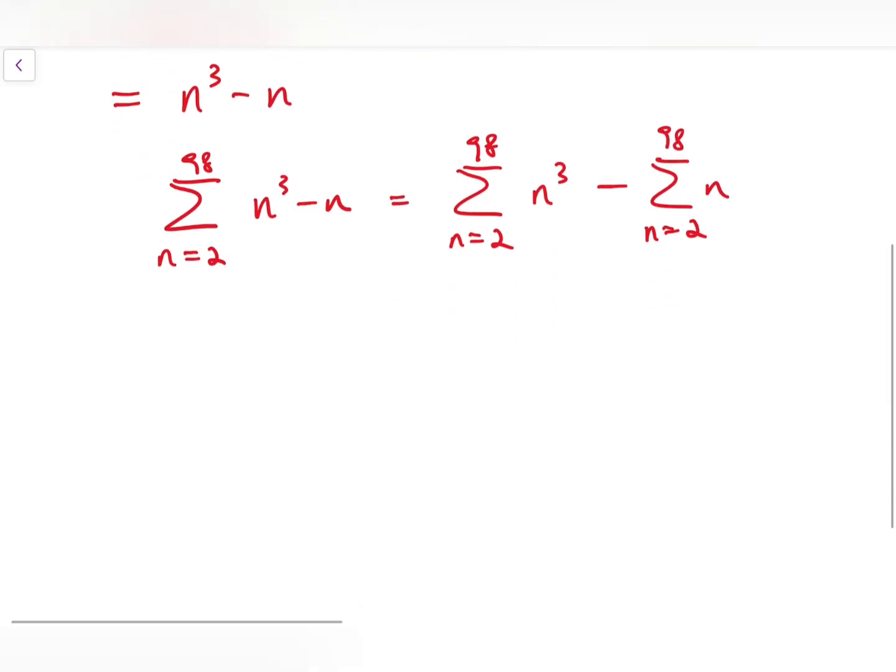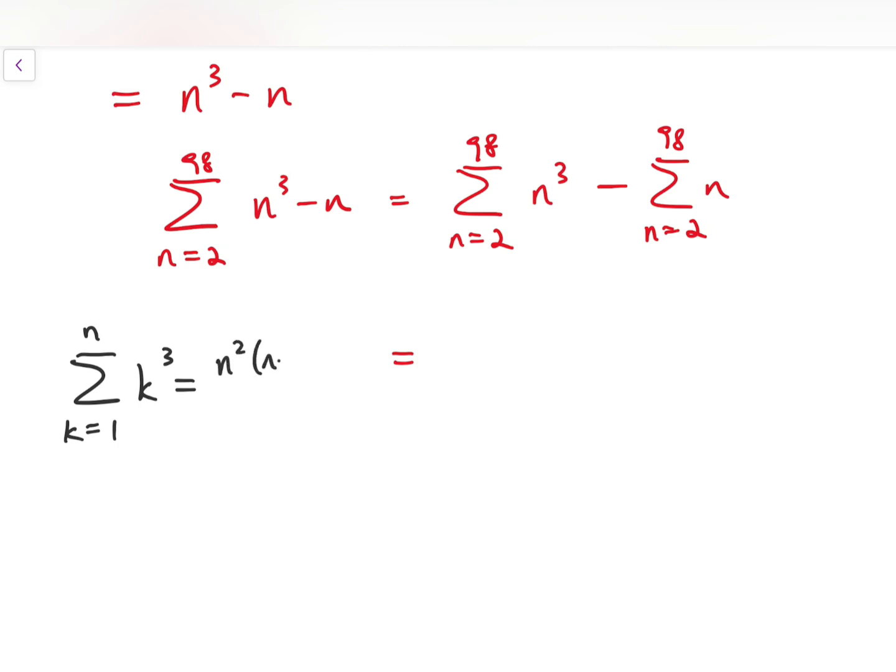Now for the sum of cubes, the formula is actually, recalling that, maybe I should not use n here, maybe I should use k. If I'm going to add the first n cubes, then the sum is actually this expression, n squared times n plus 1 all squared over 4.